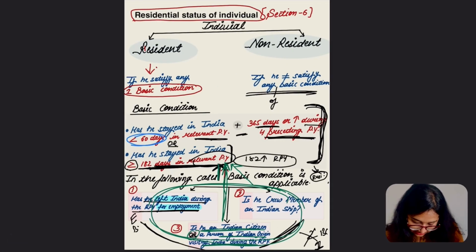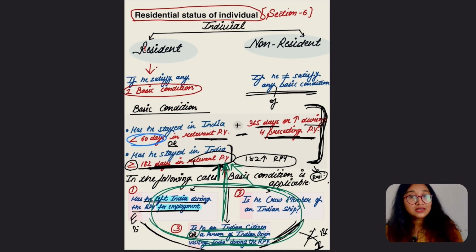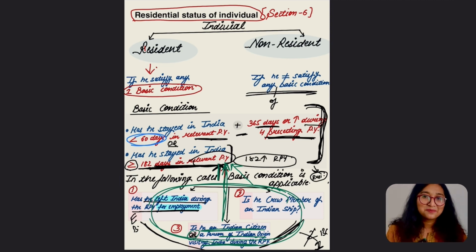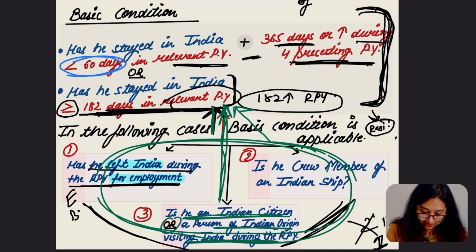What we have done in this session is identify whether the person is resident or non-resident. For that, the individual has to satisfy any of the basic conditions, and for ROR, the resident has to satisfy both of the additional conditions. But there are some cases where only one basic condition is given.